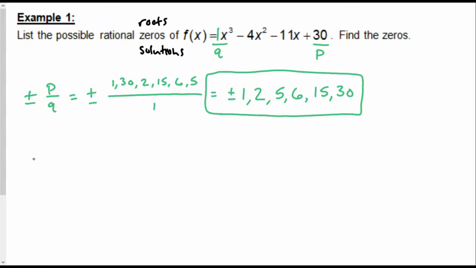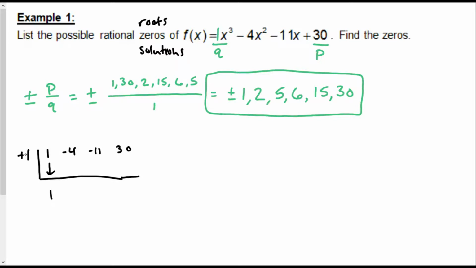In my list of numbers, the first number that I'm going to check is positive 1, and I'm going to divide it. Because this is a potential root, I can use synthetic division. That's why we've been doing it so much for a review. In my synthetic division box, I've got 1, -4, -11, and 30. Let's do synthetic division and see what we get.